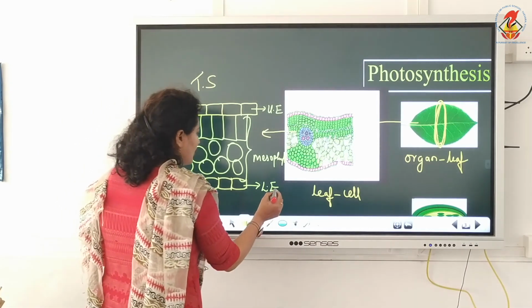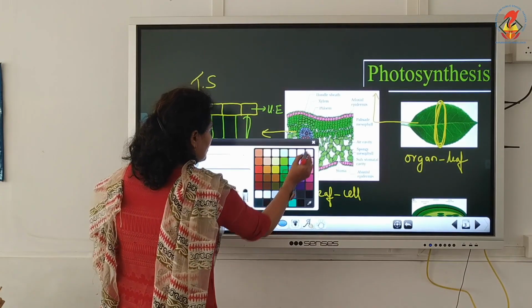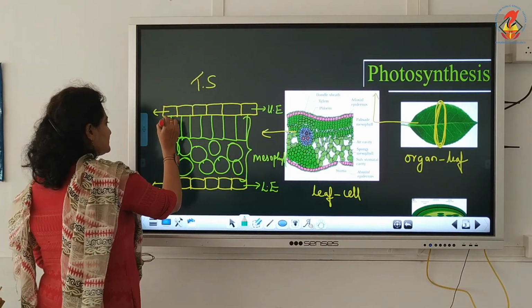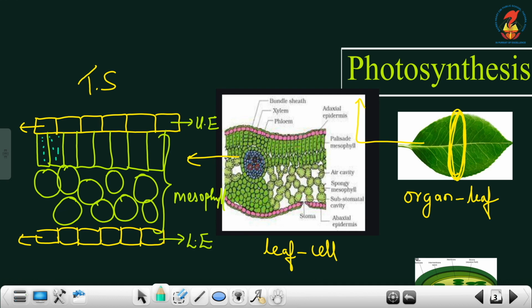So I am going to draw the location of chloroplasts. You have noticed that the leaf surface, on the leaf lamina, the upper surface, especially in the case of dicot leaf, is very dark compared to the lower surface. The lower surface is not so dark green, it is light green.